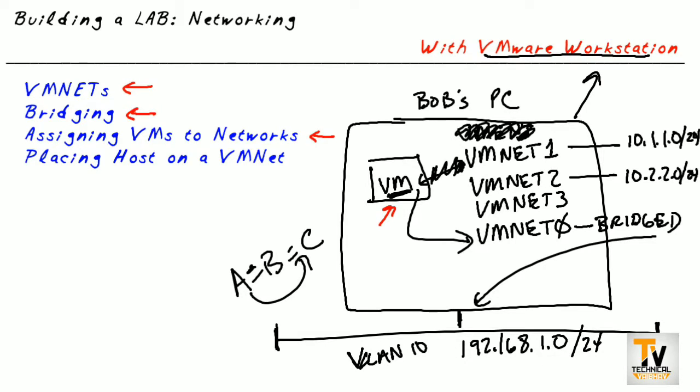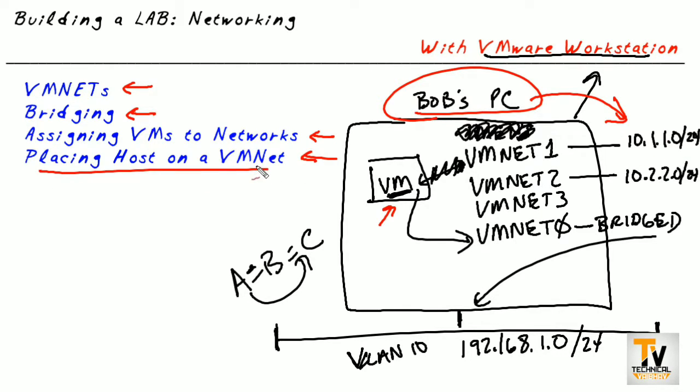And one other item I'd like to share with you before we demo this is, what if we wanted Bob's PC to also take part in and play a role on this 10.1.1 network? One of the options we have when we work with the networking portion of VMware Workstation is to configure the host computer to have a logical virtual network interface card on one of these VMnets.